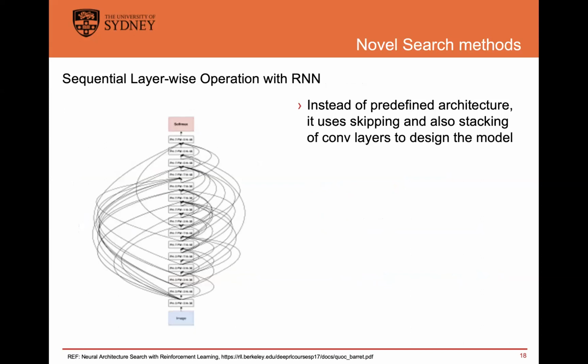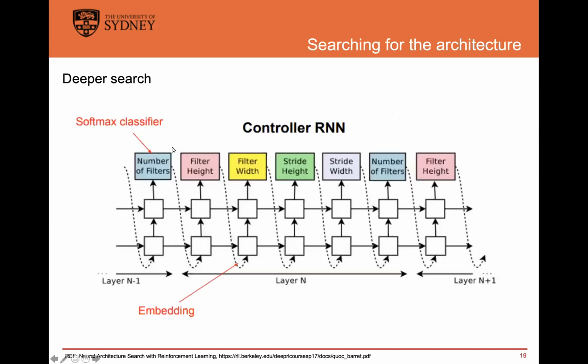So then this is some novel research after the initial paper was released. The first thing they did is, instead of searching only for the cells, they also search for the architecture and how they're going to implement skip layers in their architecture. So you're still using the RNN controller. This is their normal cell searching, but they've added an extra layer, extra hidden states here instead, that's actually just for layers.